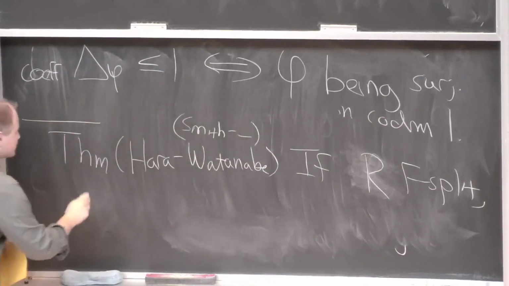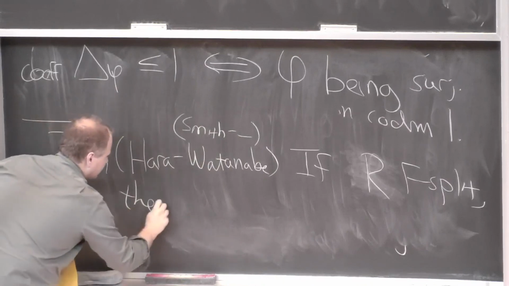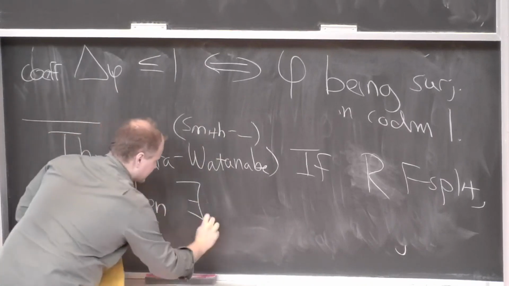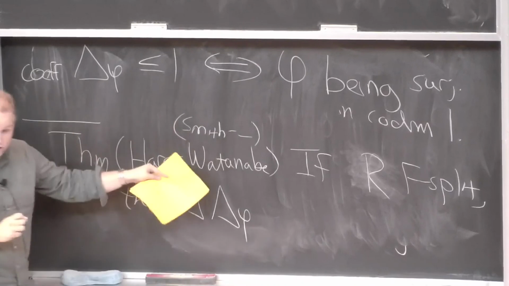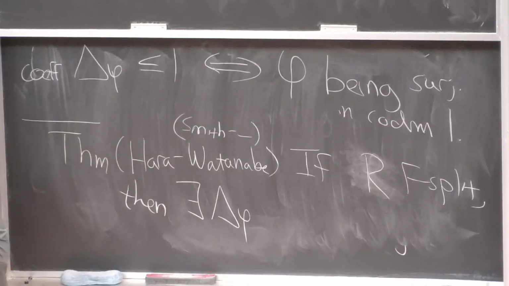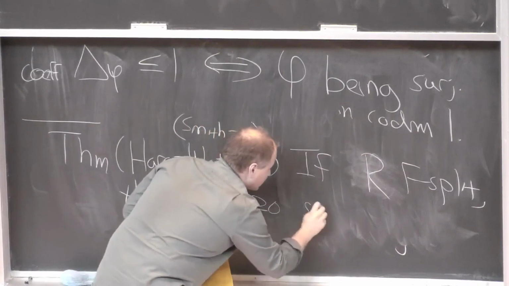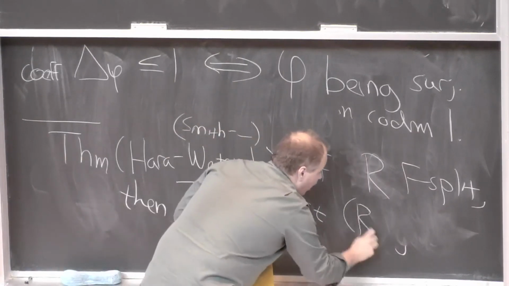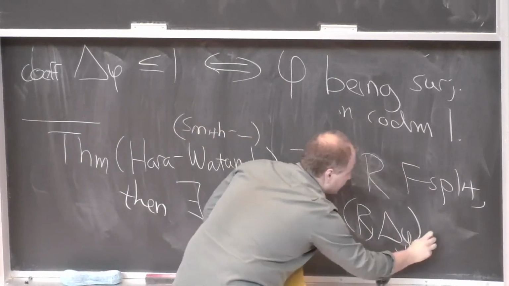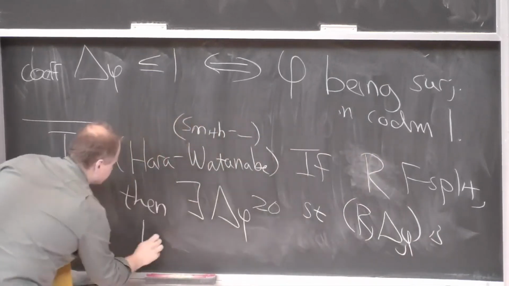If R is F split, then there exists some delta, and it's actually a delta phi, just like we constructed out of our phis, then there exists a delta phi bigger than 0, such that our delta phi is log canonical.